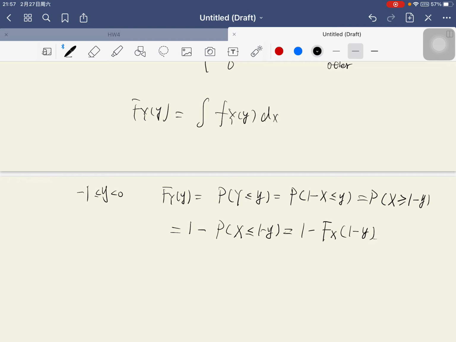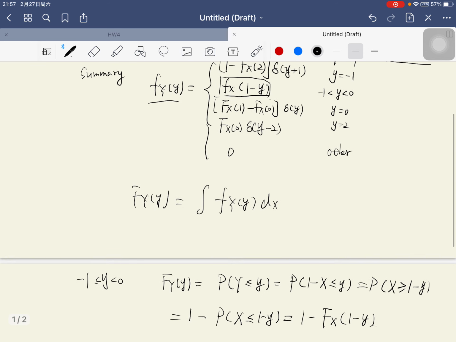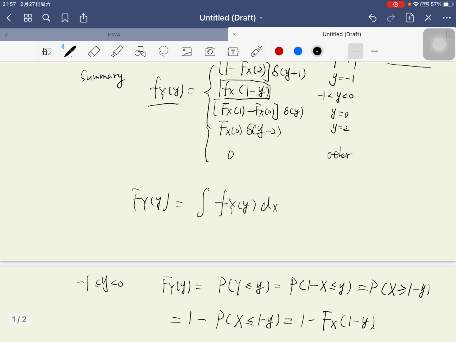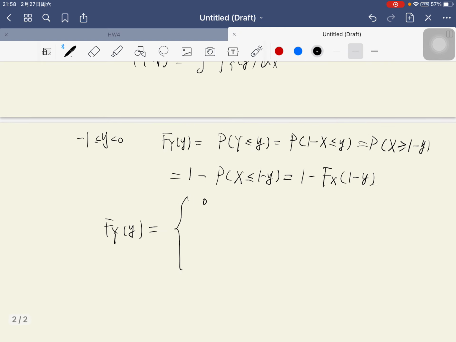So we could compute the distribution function of y: it is equal to 0 when y is below minus 1, and when y is from minus 1 to 0, it is equal to 1 minus the distribution function of x at 1 minus y.